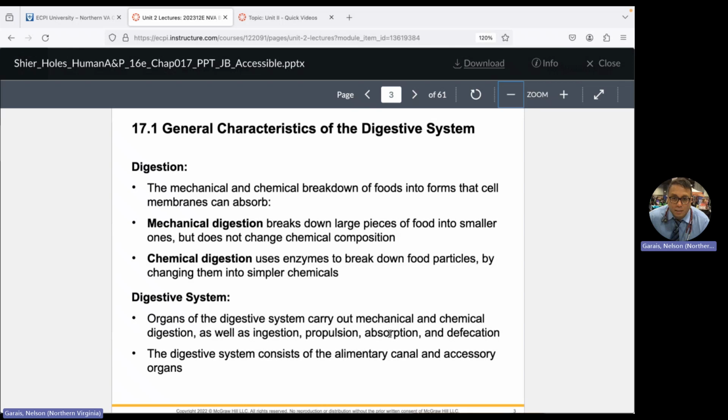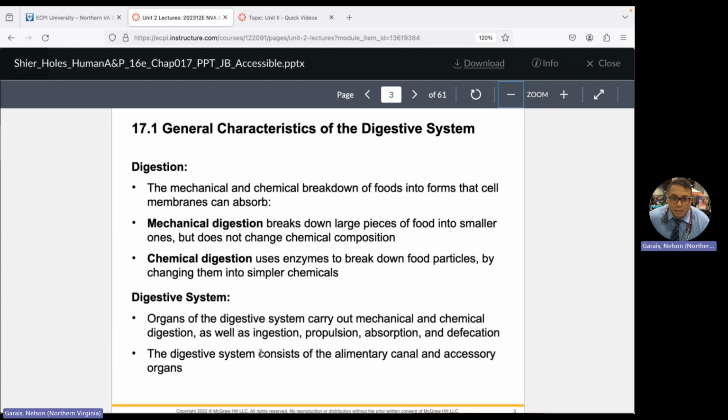Water has to be absorbed, and we'll talk more about that regarding the small and large intestine. And last but not least, defecation. You have to create feces, and feces are any waste product, anything that the system doesn't need to make ATP.